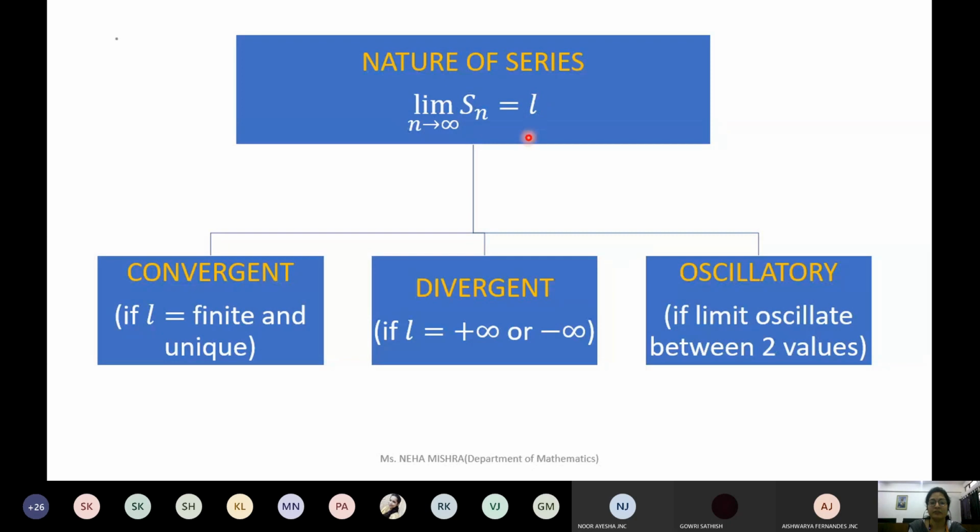If it is infinity, either plus infinity or minus infinity, it will be divergent. But if it has two values, plus minus, or plus infinity, minus infinity, or it does not belong to either category, then it will be an oscillatory series. Did you understand? Yes, ma'am.